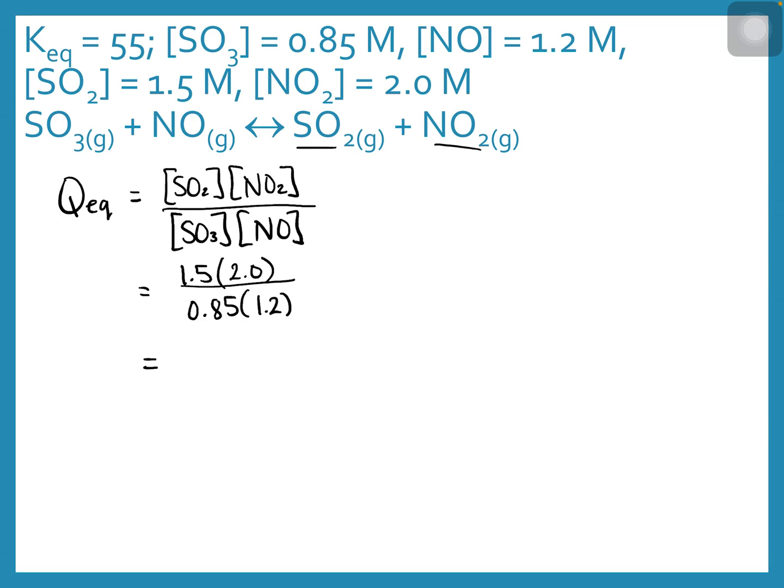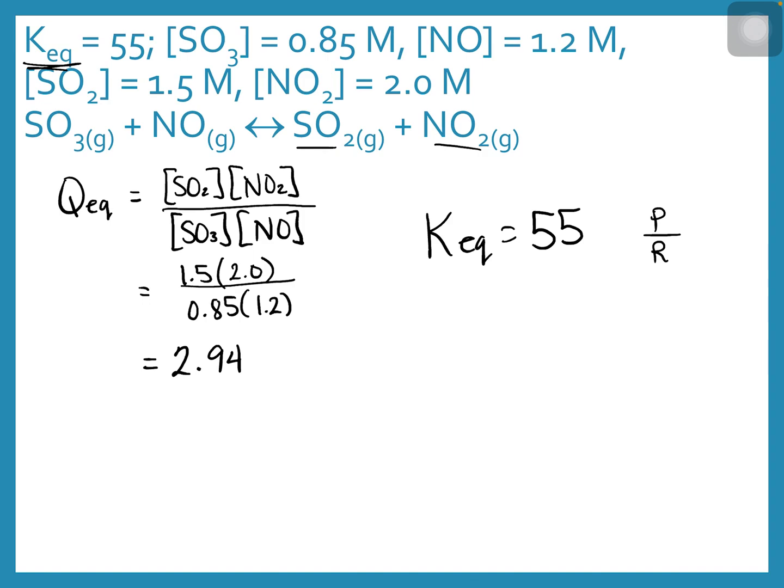And our KEQ value is 2.94. So my KEQ, which is given to me in the question, is equal to 55. So when I do products over reactants, my answer needs to be 55. Right now, it's 2.94.